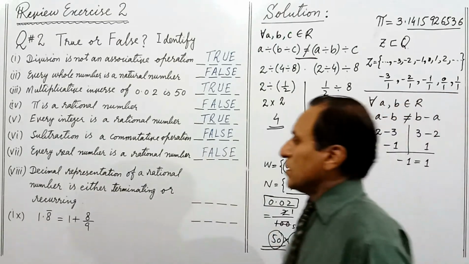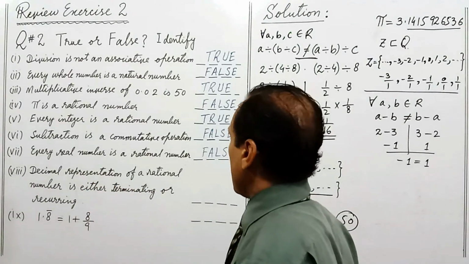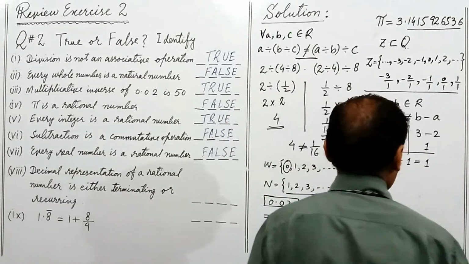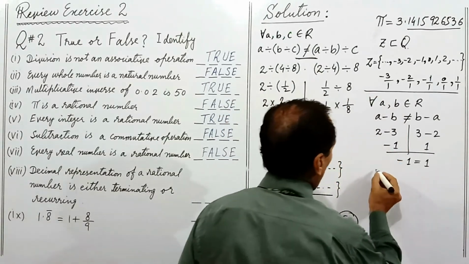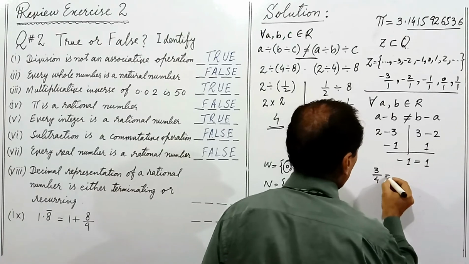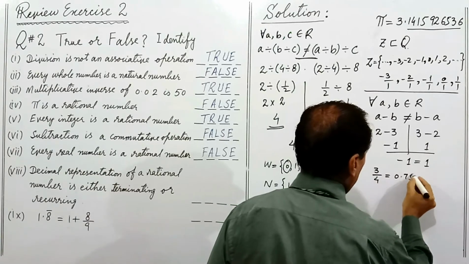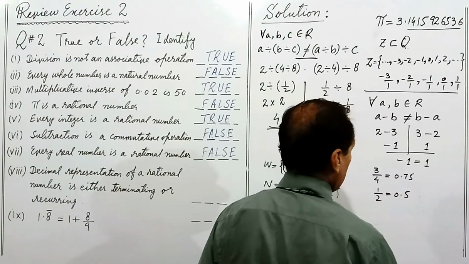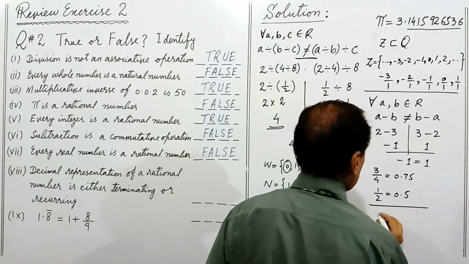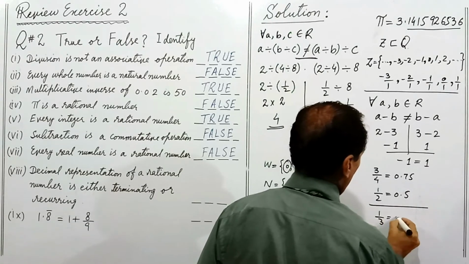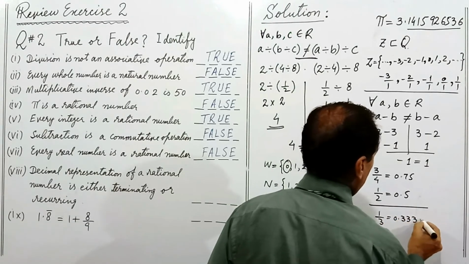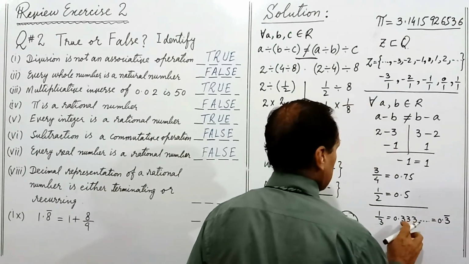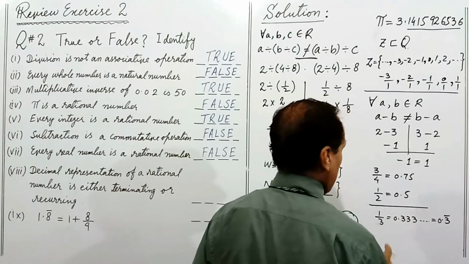In point number 8, the decimal representation of a rational number is either terminating or recurring. We check with a few examples: 3 over 4 is equal to 0.75, 1 over 2 is equal to 0.5, and in comparison 1 over 3 is equal to 0.333 and so on, that is 0.3 bar, meaning 3 is recurring, repeating.